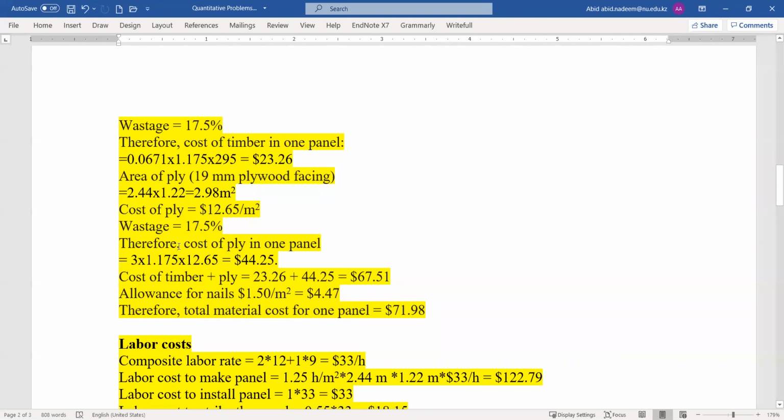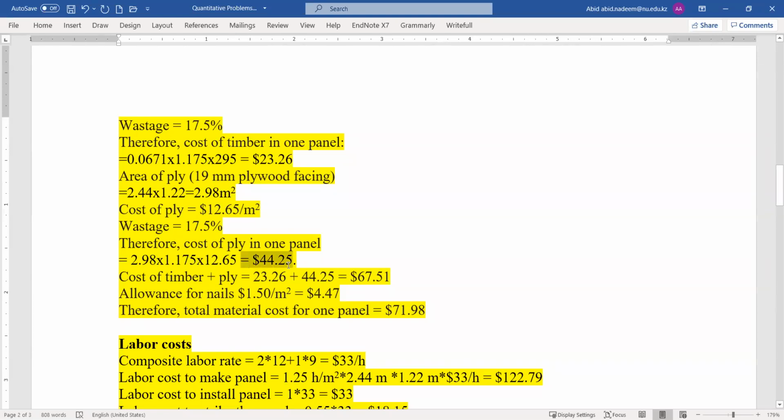After adding the wastage factor, the cost of plywood will be 2.98 square meter multiplied by the wastage 1.175 and multiplied by 12.65.